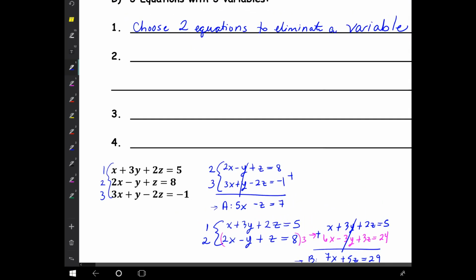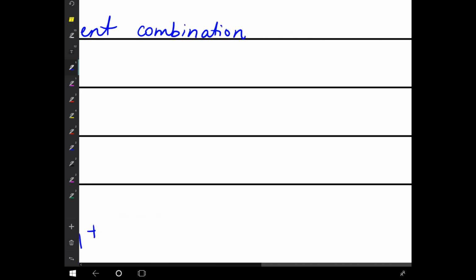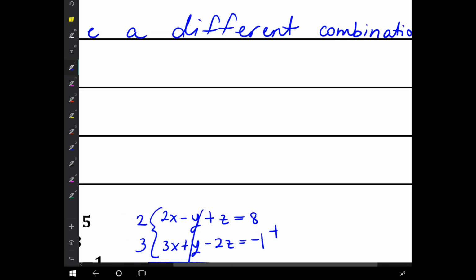So step 2 is choose a different combination of equations to eliminate the same variable. So write that down. Choose a different combination of equations to eliminate.